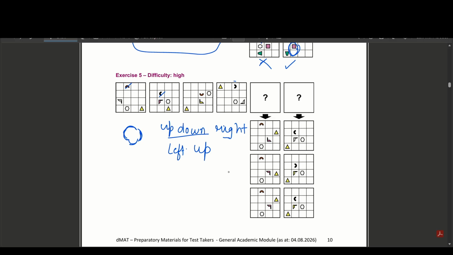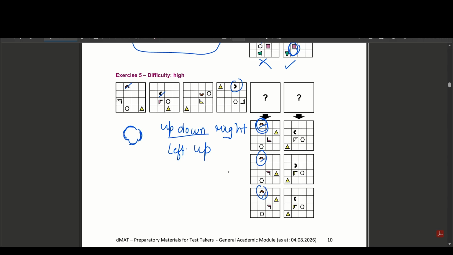So after this color, obviously the next color would be red only. So this is a red color, and in all the three figures, red color is in the same position. So obviously this figure's destination is fixed, that we don't even have to find.